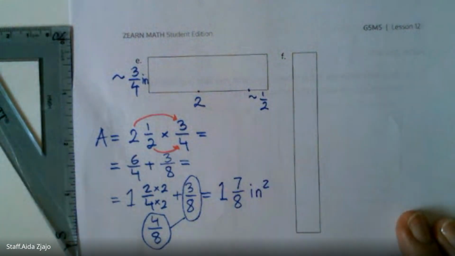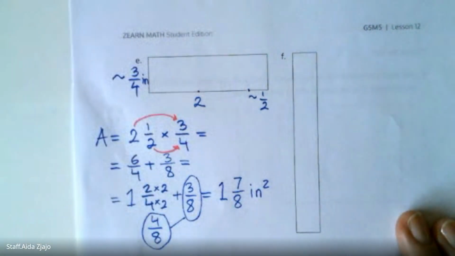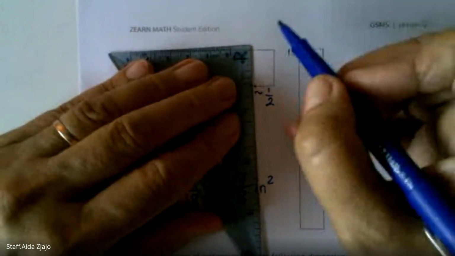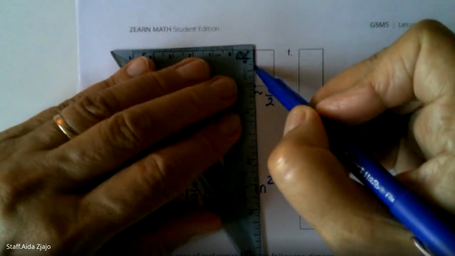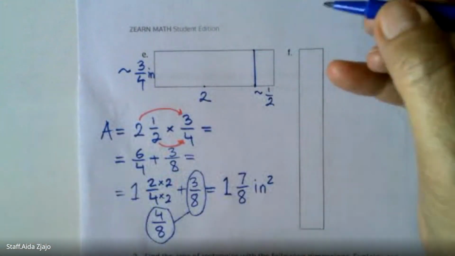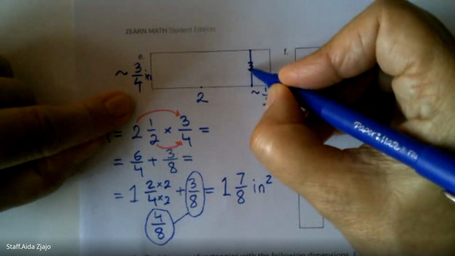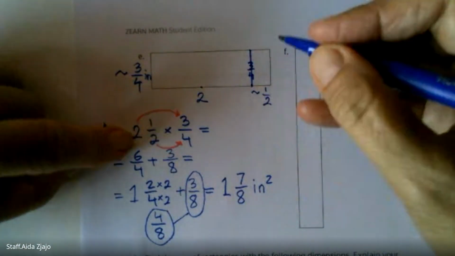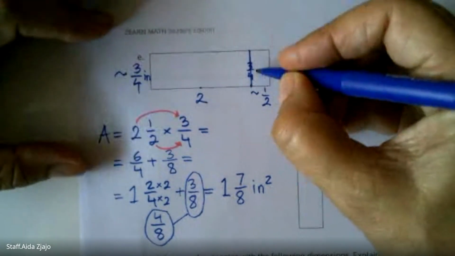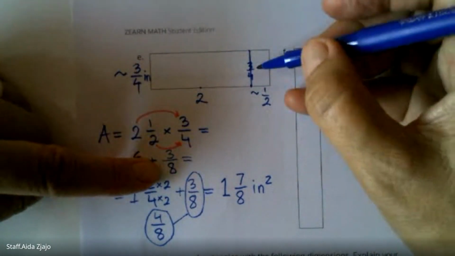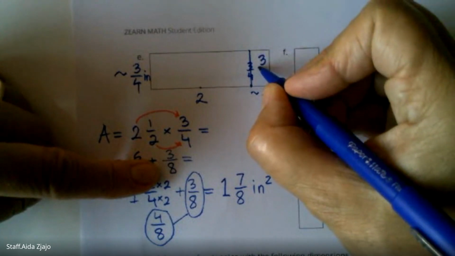And then you can show that in here if you are doing this. So this is 3/4 times half. So that means this is 3/8 as the answer.